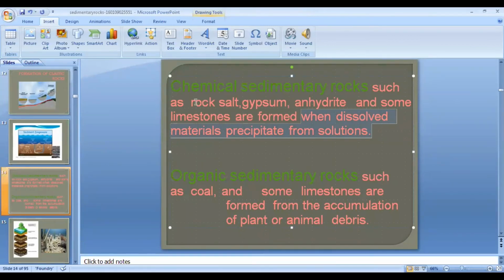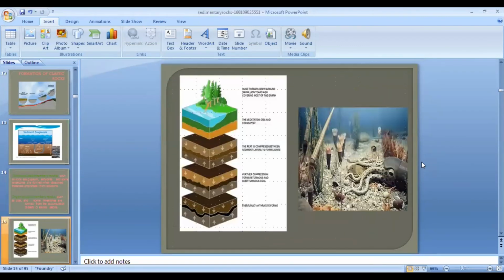So we have rock salt, gypsum, anhydrite, and some of the limestones that are inorganic. They form under this setting. Then comes the organo-sedimentary rocks. They involve coals and some limestones that are formed by most of the animal debris, especially foraminifera or mollusks.